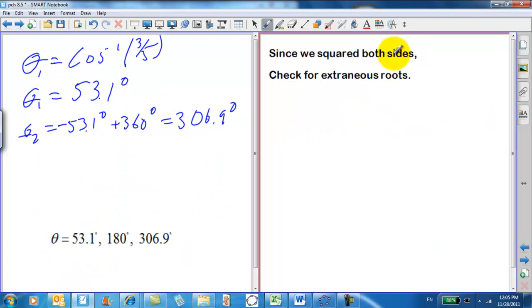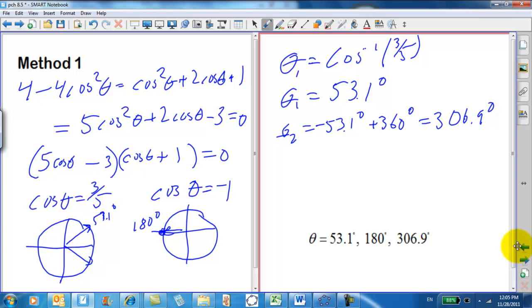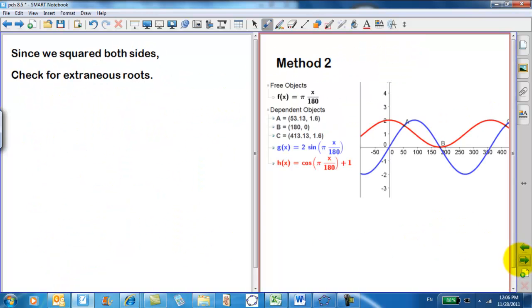Now, since we squared both sides, we may have some extraneous roots. And this is what you have to watch out for. You can actually go back and plug these in, and you'll see that 306.9 does not work. It works maybe way back in the equation where we squared both sides, but it doesn't work in the original equation. And you can actually visually see why that's true when we look at method 2, which is to graph both trig functions and see where they cross.